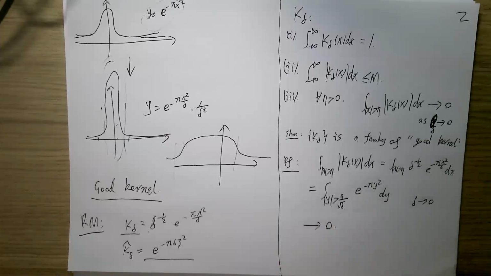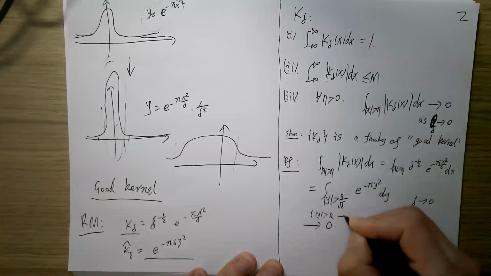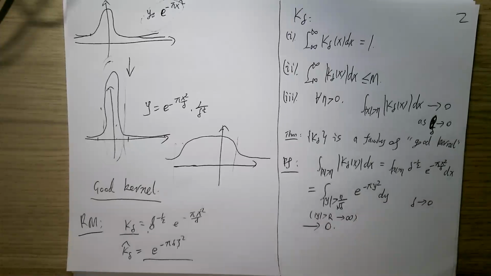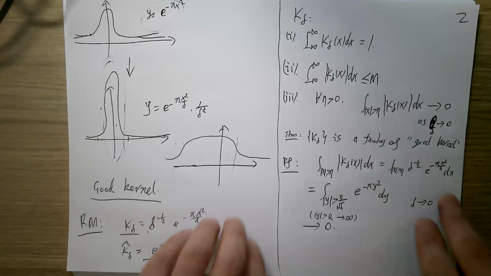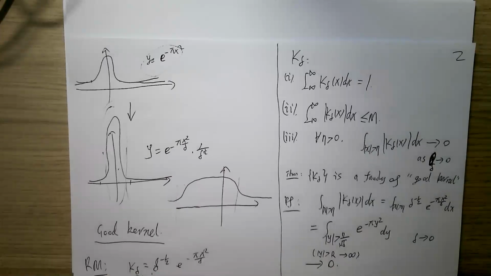Okay? That clear? This is the definition of convergence, right? If you want, you can see that y is greater than r, and r tends to infinity. Okay. So this K delta is a so-called good kernel.